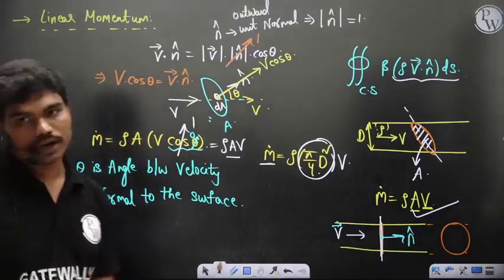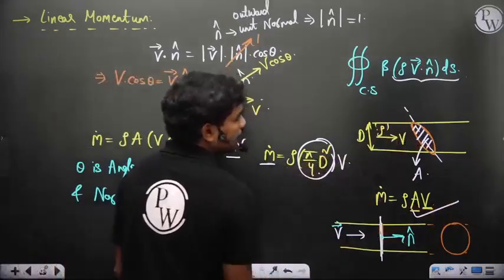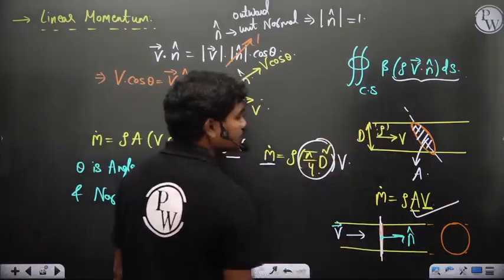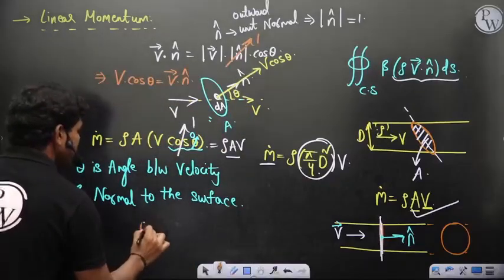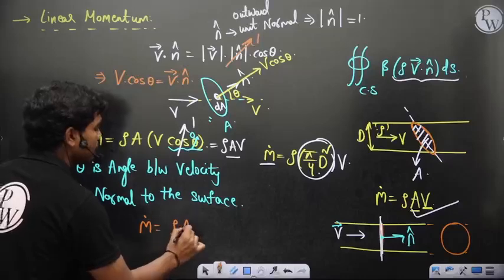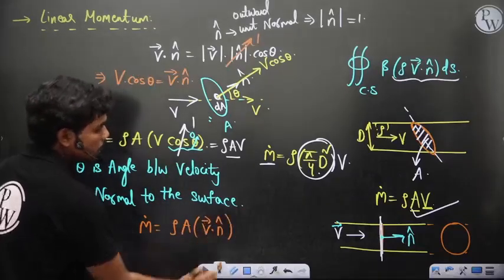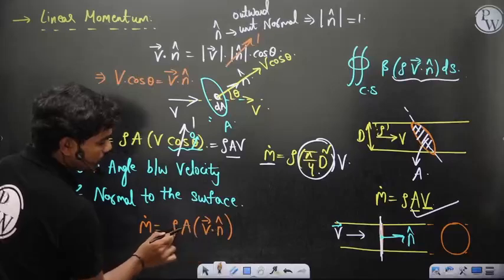Okay, v dot n, which tells you that if you take any surface, the amount of mass cutting that surface and going is given by m dot equal to ρ A v cos θ, which can be written as v dot n cap, where this n cap is the unit normal to this area.